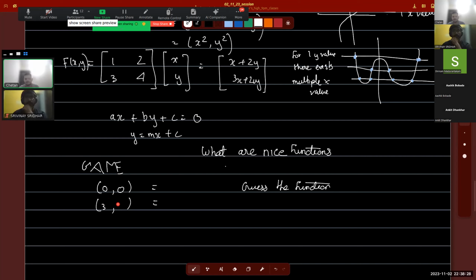Can anyone unmute yourself and tell us two inputs for which you want output, and then you'll have to guess what the function is. It will be of the form ax plus by plus c equals 0. It will be a linear function in two variables. Okay?